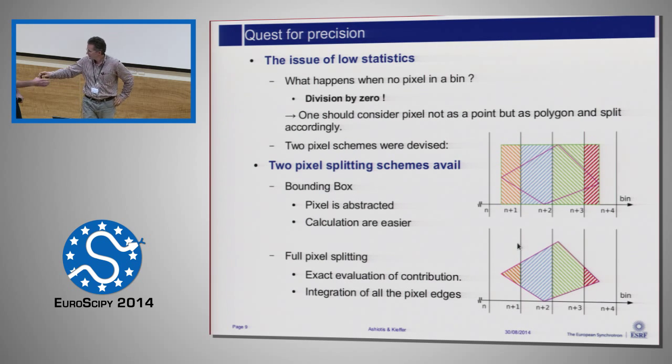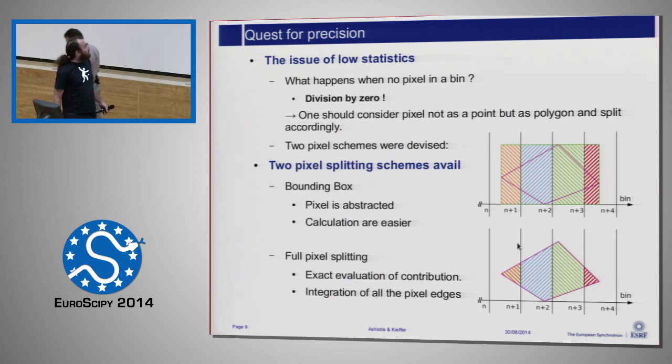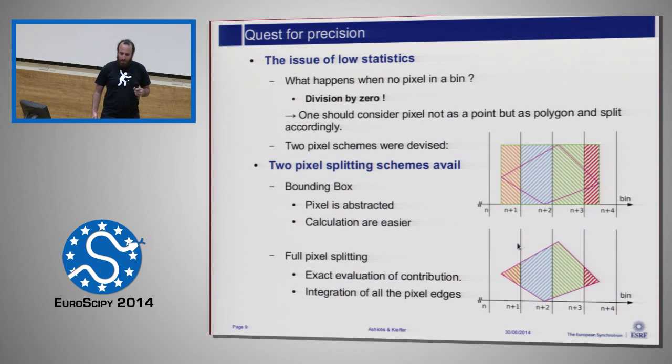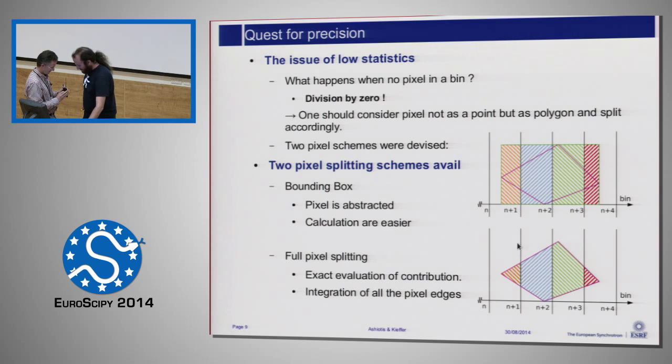So, Yanis? Hi, everyone. So I'm going to talk about pixel splitting. Many detectors today have a limited resolution, and pictures obtained by those detectors usually give us great statistical error, especially in the case where we have a great number of bins.